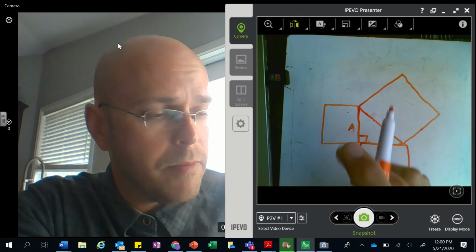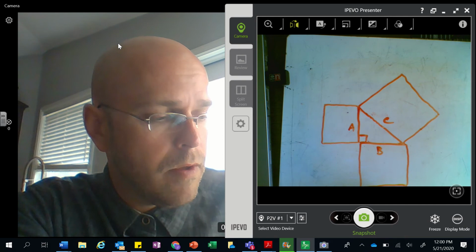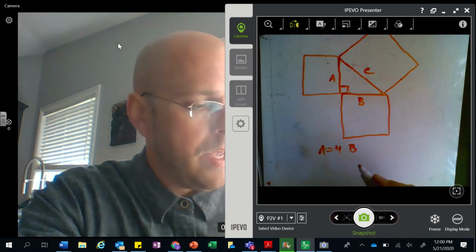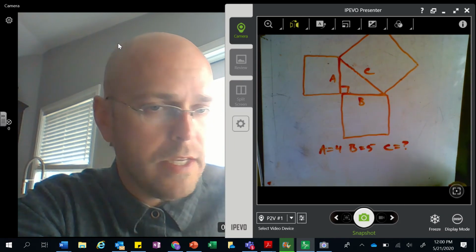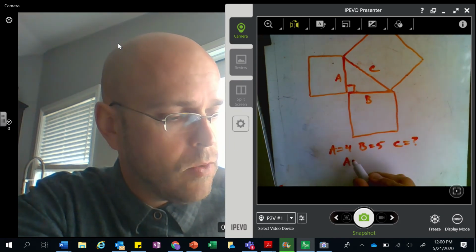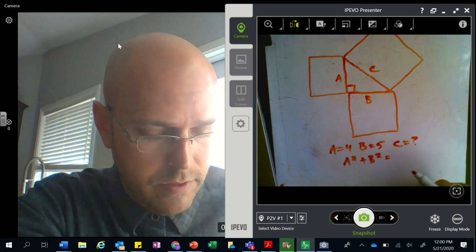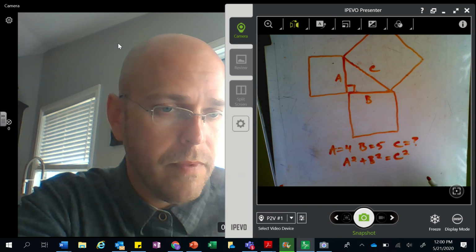So, for example, let's say that A equals 4. Whoops, you can't see that. Hold on. Let's say A equals 4 and B equals 5, and we want to find out what C equals. Well, the formula here is that A squared plus B squared equals C squared. That's our formula.